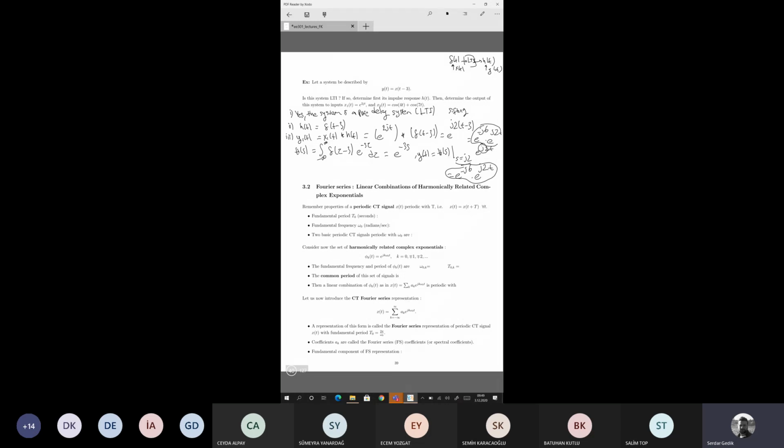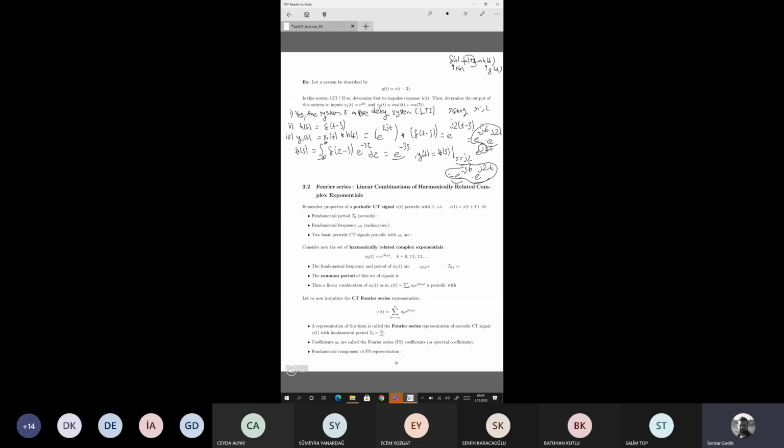Again, by using shifting property, I have obtained h of s. So to find the output for e to the power st, s being equal to j2, I have simply put s equals j2 in the h of s relation, and used that this is the eigenfunction, this is the eigenvalue, and obtained the output as before.